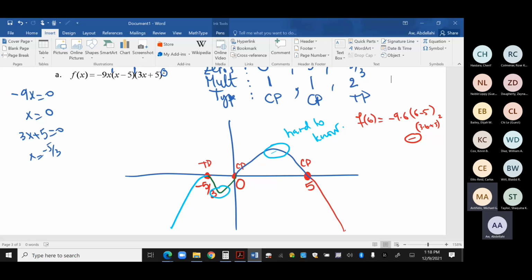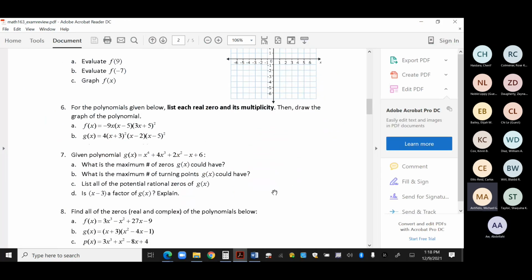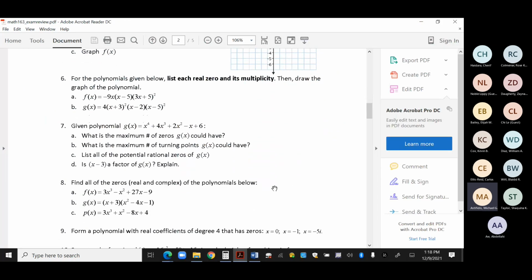Don't put units on your y-axis. So you can justify this, okay? But the shape will look like this, all right? This is how we used to graph these polynomials. All right, right here.